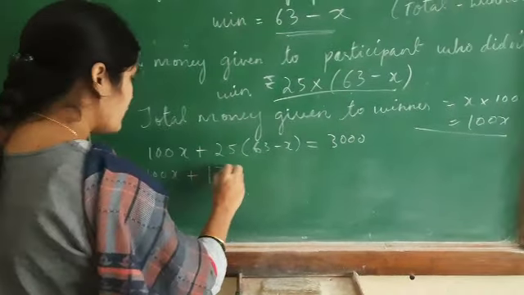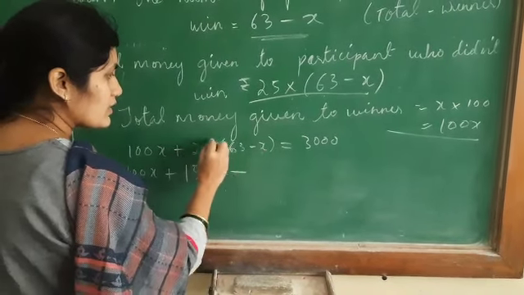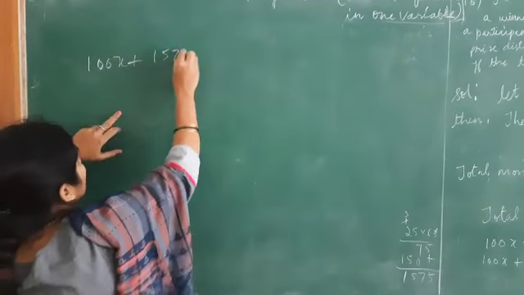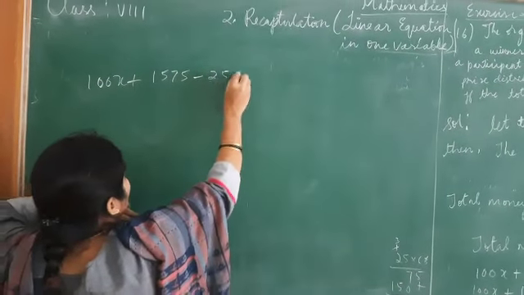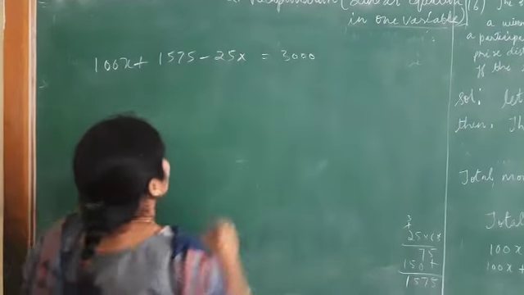So 1575 minus 25 into x. Once you multiply to the variable, it becomes 25x. Now that is 100x plus 1575 minus 25x is equal to 3,000. So this is the equation.